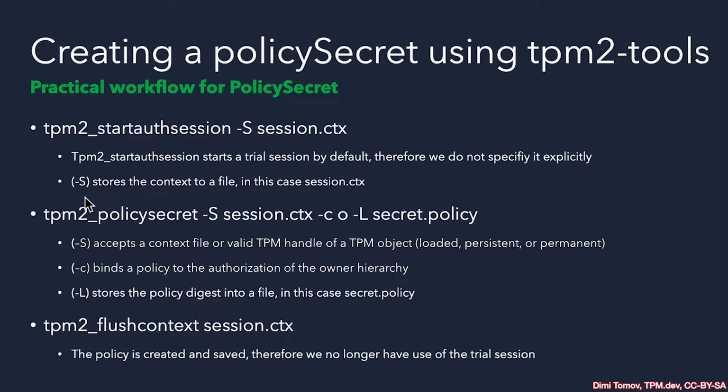And of course, once we create our session, we want to store it to a context so we can reuse it later with the TPM2 policy command of our choice. In this case, that is TPM2 policy secret. And we are binding the policy secret to the owner hierarchy, which means that whoever uses this policy to generate a TPM object, the user then has to satisfy it by proving knowledge of the authorization of the owner hierarchy.